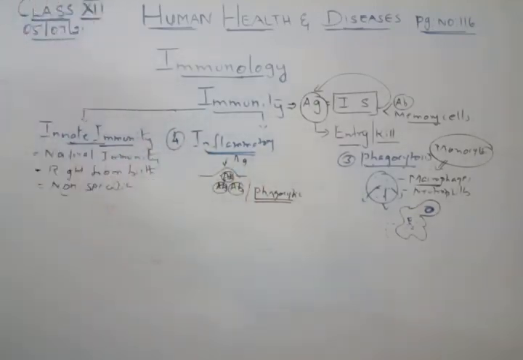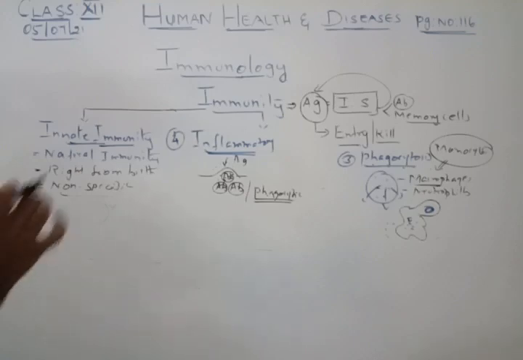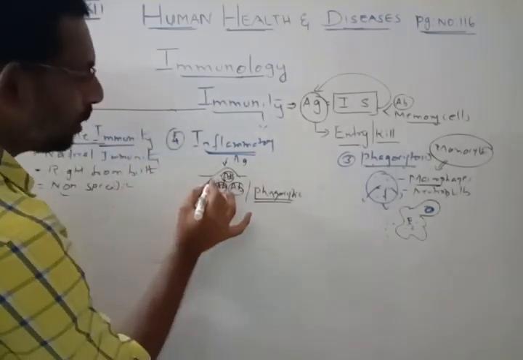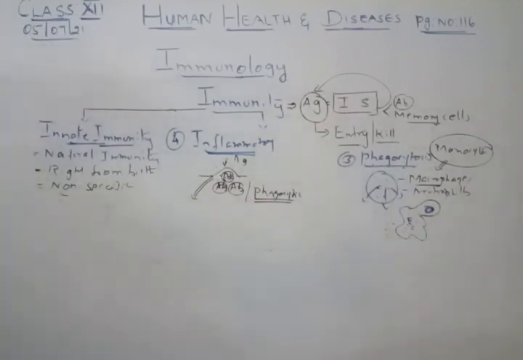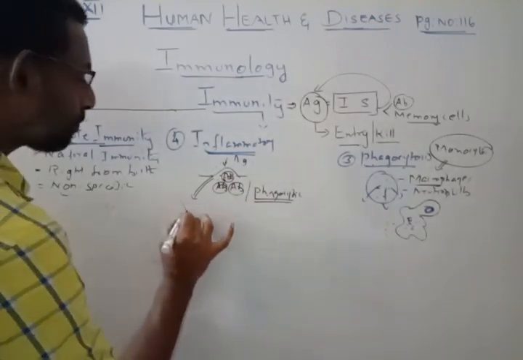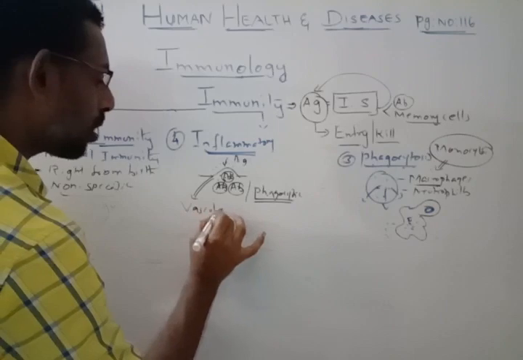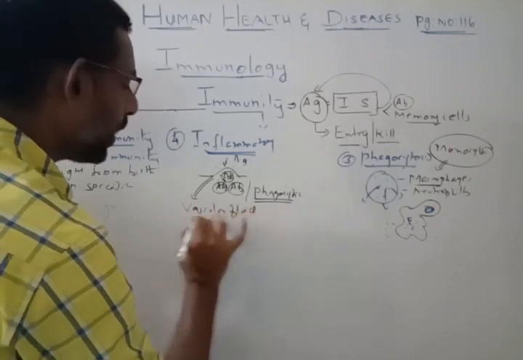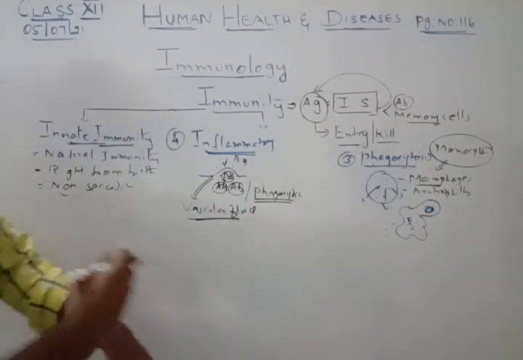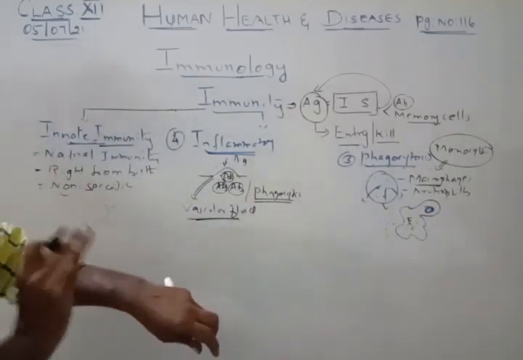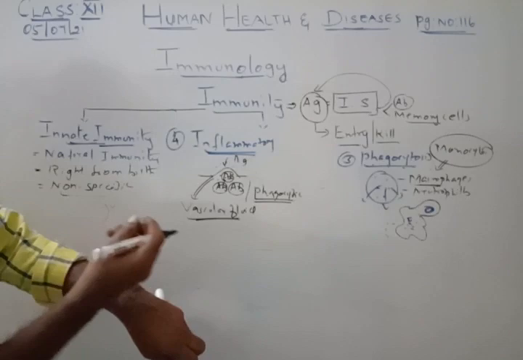So how is this inflammation done? The damaged tissue will release a kind of chemical fluid called vascular fluid. When you get a wound, you start bleeding, no? After bleeding, if you just leave the wound, you can find a watery layer formed.